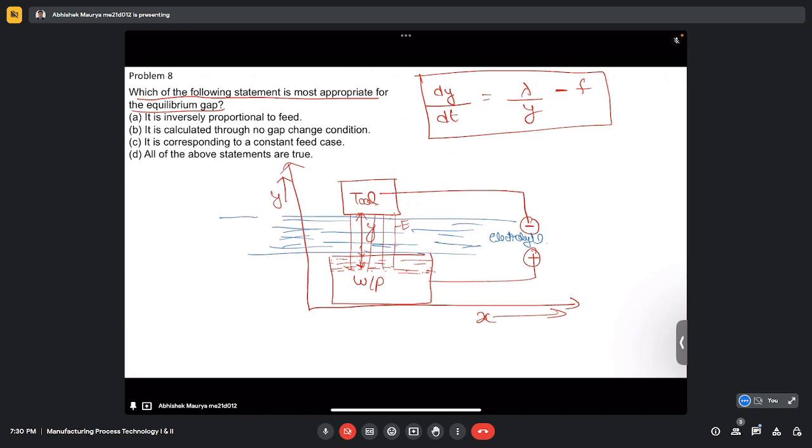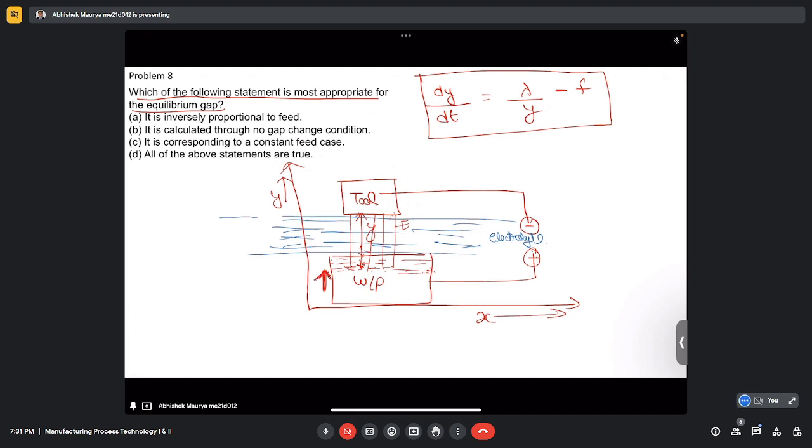Okay, but what we are looking for, we want to remove more material. Then what we have to do, we have to keep on moving the workpiece towards the tool so that material removal will keep on taking place continuously.